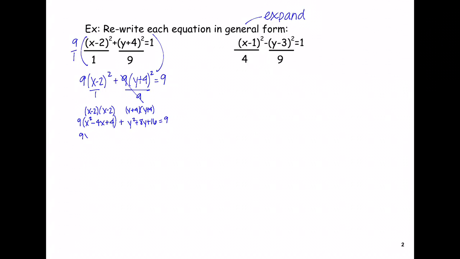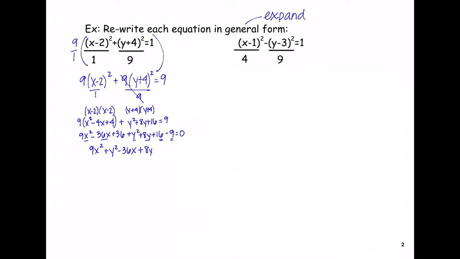Distribute your 9: 9x squared minus 36x plus 36 plus y squared plus 8y plus 16, and we're going to subtract our 9 to move it to this other side. 9x squared plus y squared, combining our like terms, minus 36x plus 8y, so we've accounted for all of these.